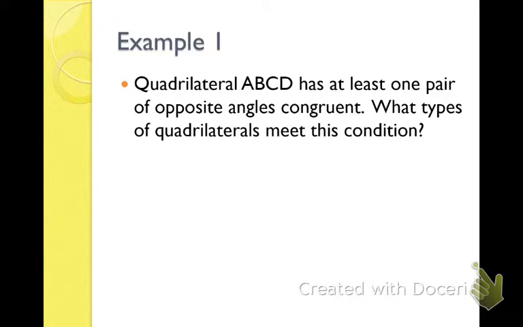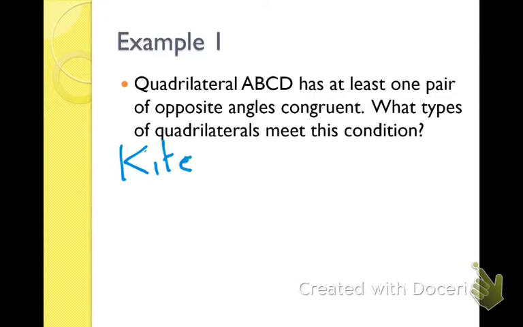One pair of opposite sides congruent. What meets this condition? At least one pair. So it could have two pairs. Let's start out with which quadrilateral has just one pair of opposite sides congruent. Which one would that be? Right. So we can make our list. We can say kite is one.